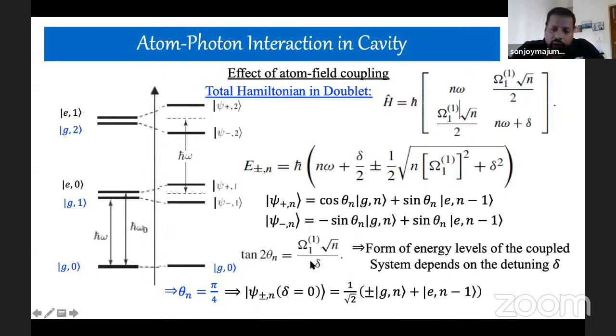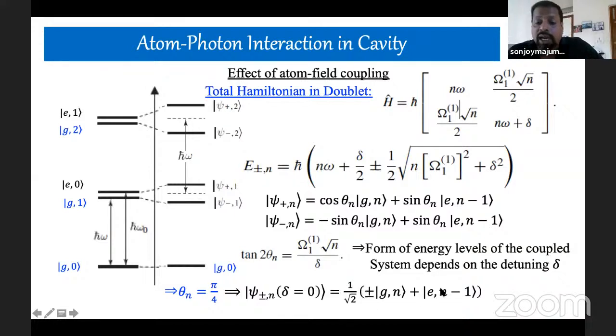If delta is close to 0, we will get almost infinite, so 2 theta n is pi by 2 and theta n will be pi by 4. Then when theta n is pi by 4, if you put it back, all those coefficients will be 1 upon root 2. So the psi plus and psi minus states are nothing but 1 upon root 2 times Gn, either plus or minus, En minus 1.